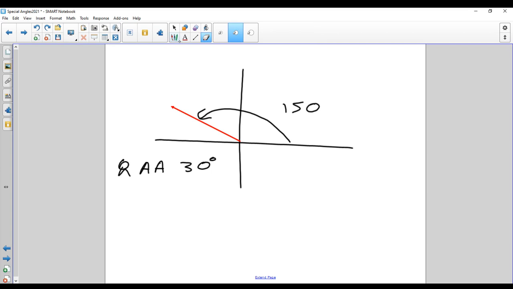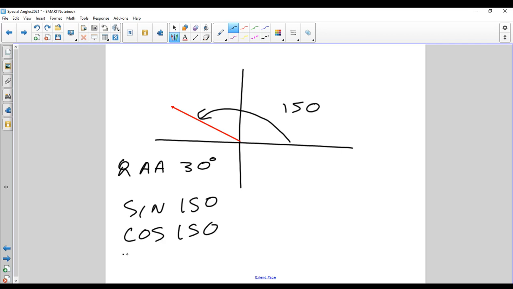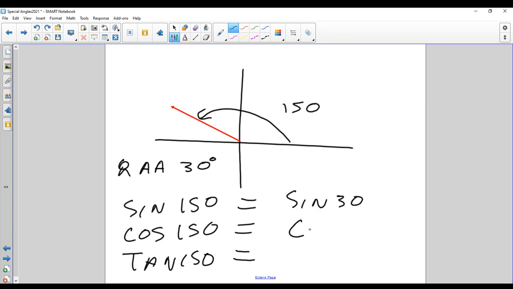So here are the questions. What is my sine of 150 equal to? What is my cosine of 150? What is my tangent of 150? We said that in each case, the RAA was 30. So it's a sine of 30, a cosine of 30, a tan of 30.